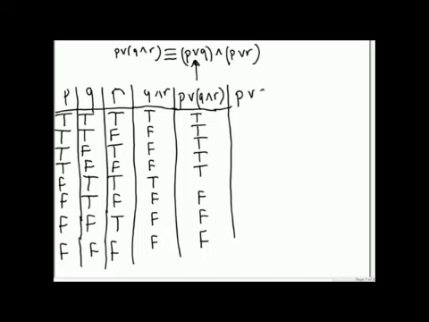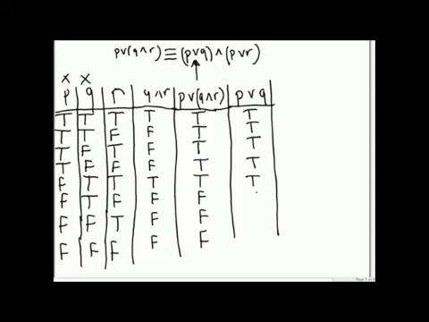So we're going to have P or Q. We're going to be using this column and this column. So we're going to have true or true, true or true, true or false, true or false, false or true, false or true, false or false, and false or false.